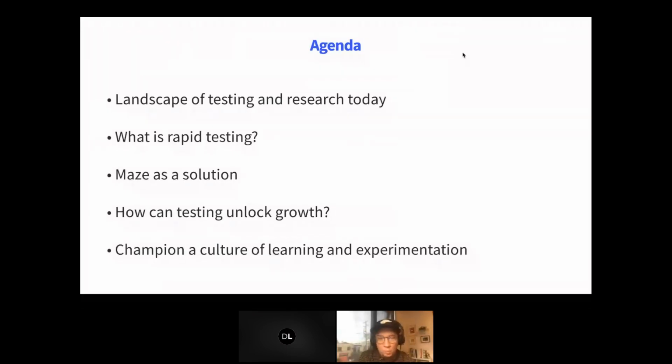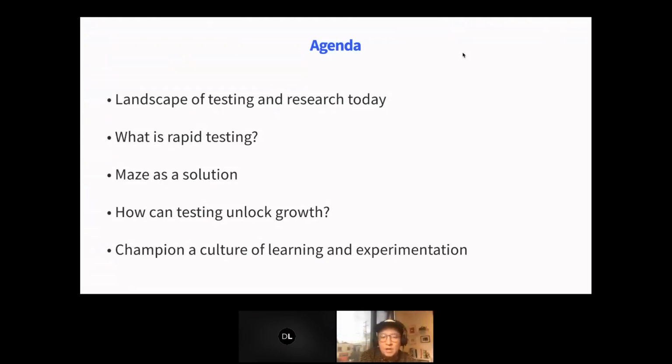Then we'll talk about what rapid testing is. Again, a nod to COVID, but rapid testing in general and how we think about the practice. We're going to talk about Maze specifically, because Maze is a rapid testing platform, and so it very much is the transition point from where we've seen research and testing previously to where product teams are headed in the future.